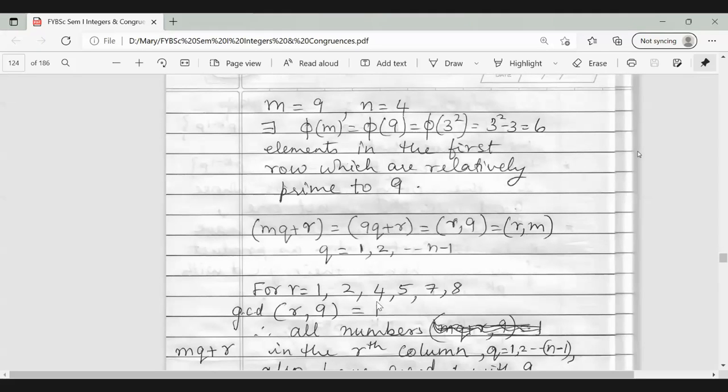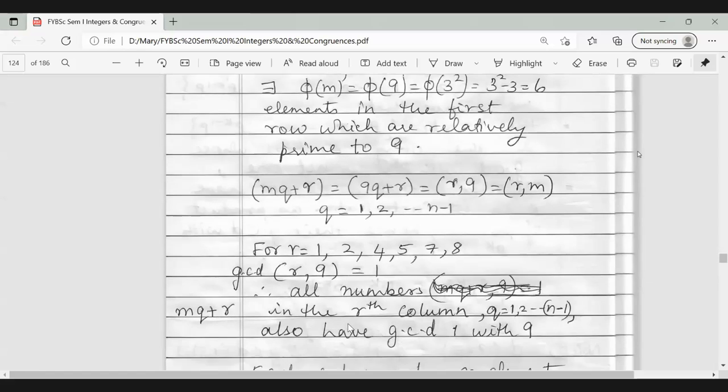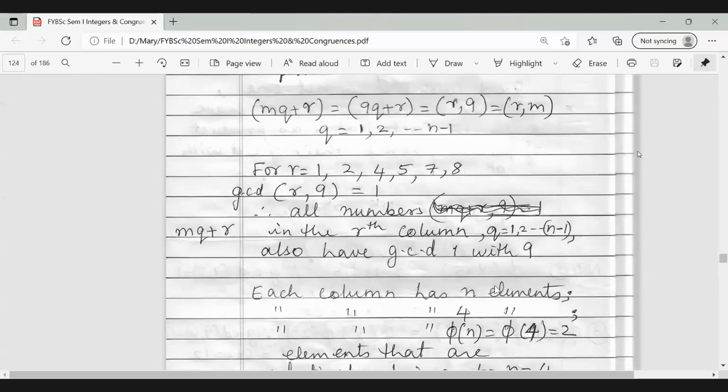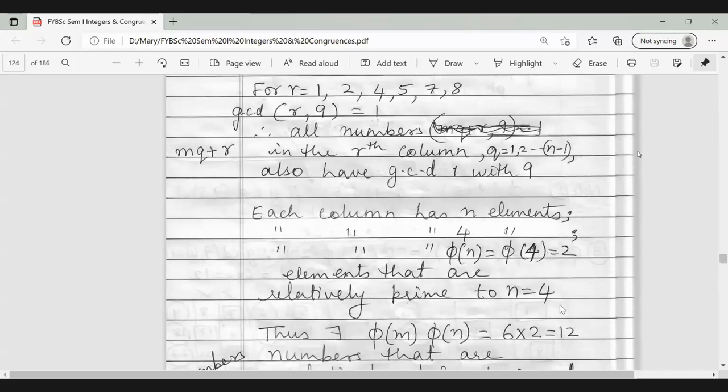For 1 2 4 5 7 8, the GCD is 1. So all the numbers mq plus r in the r column also have GCD 1 with 9. Each column has n elements, that is 4 elements, and phi of 4, which is 2 elements, are relatively prime to 4.